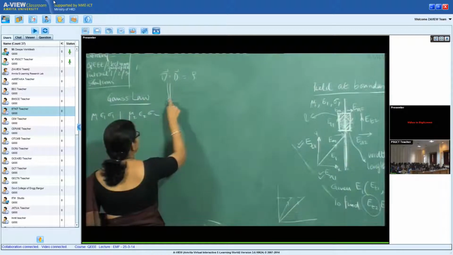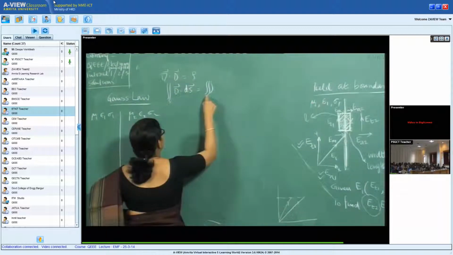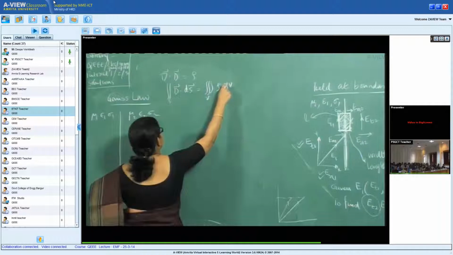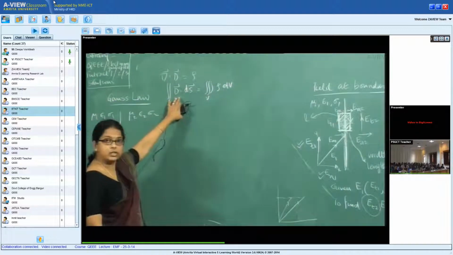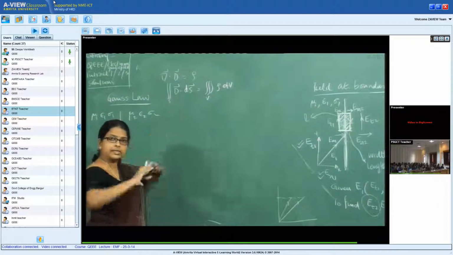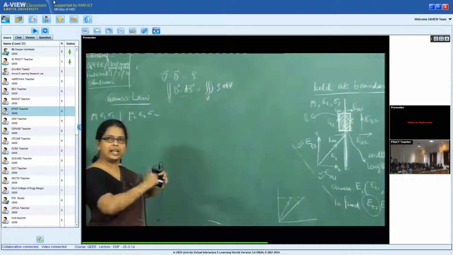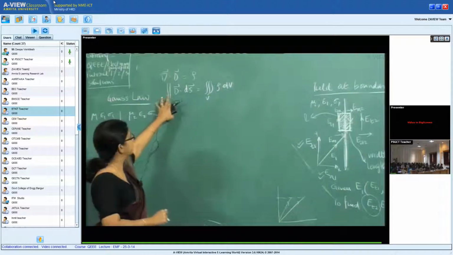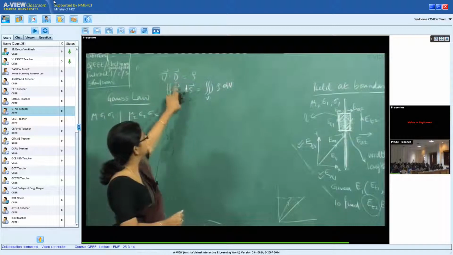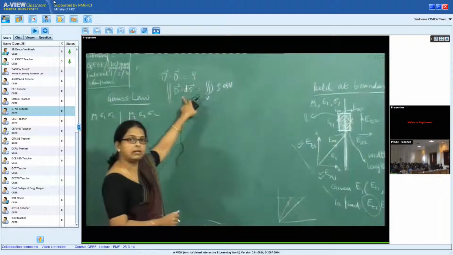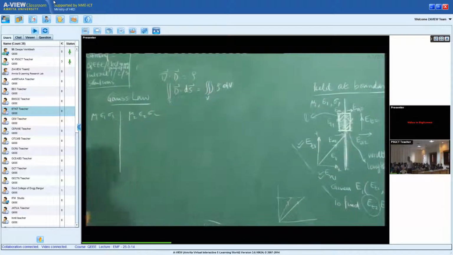This is surface integral D dot ds equal to volume integral rho dv. It started with this. This was Gauss law's statement, which said that the net flux should be identically equal to the charge enclosed. This is the net flux, this is the charge enclosed. On this we used Gauss theorem to say divergence D is rho and changed it to volume integral, and that's how we got the point form. Now we are going to use that.